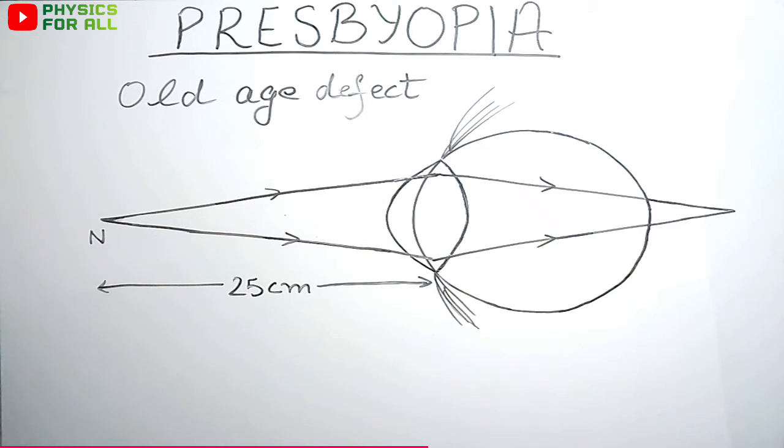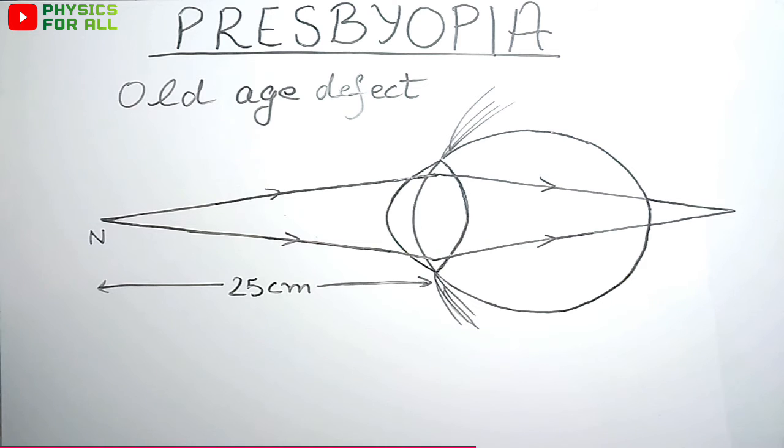But in case of presbyopia, out of these two reasons, the major reason is due to the lens and not of the eyeball. The eyeball is functioning properly, it's in its normal shape, but it's the lens which is not giving the good results. So this happens in old age because we know that we have the ciliary muscles which hold the lens properly in position, and those are the muscles which often relax and contract to make the lens thinner or thicker depending on the situation.